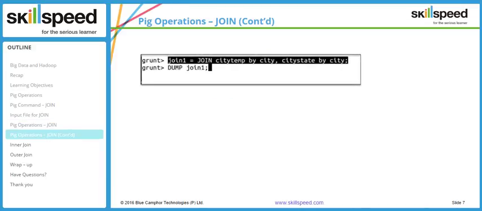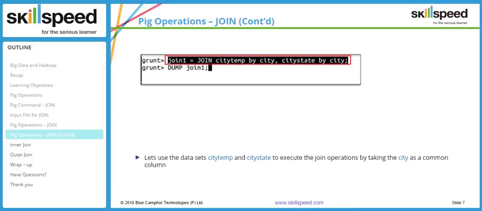Here, as you can see, I have demonstrated the join operation by typing join1 equals JOIN city temp BY city, comma, city state BY city, semicolon. This will pick the common column, which is city, from both the data sets and do an inner join.